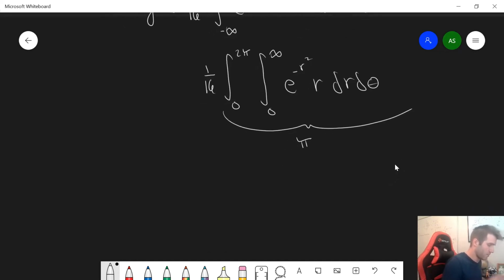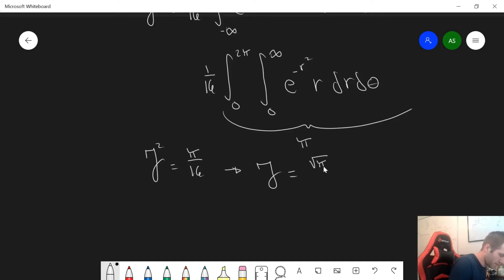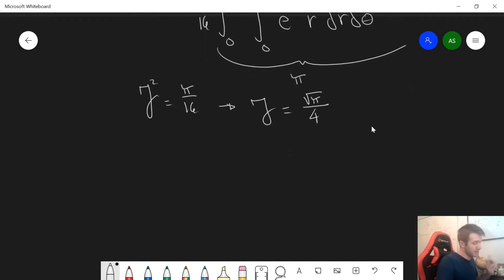However, we know that that's not the answer because j squared is equal to pi/16. And if we take the square root, then we get j is equal to the square root of pi/4. And of course that is not the answer, because if you recall, I is equal to 4 pi times j.